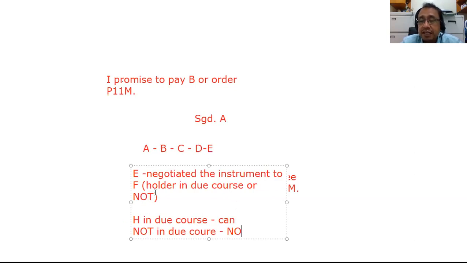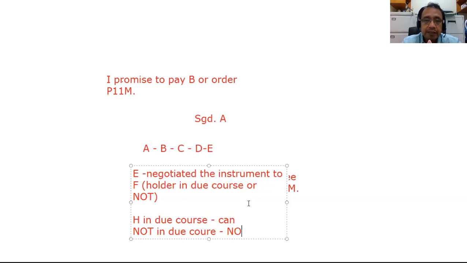Because their only defense is mechanically incomplete but delivered instrument. It is a personal defense. Personal defense, meaning it's a valid defense only against a holder not in due course, but not against a holder in due course. Because F is a holder in due course, that personal defense is not valid against him.